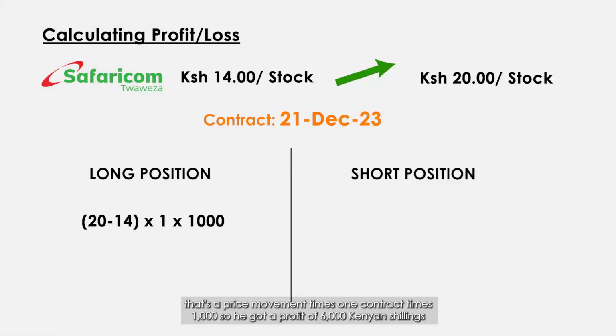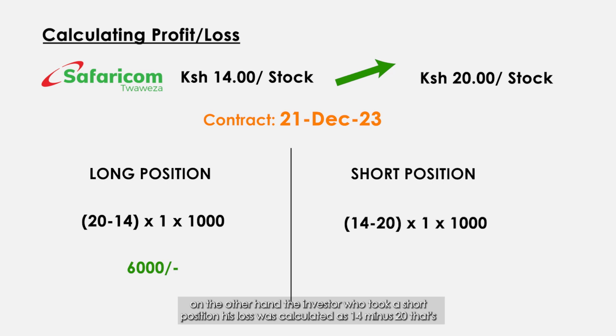So he got a profit of 6,000 Kenyan shillings. On the other hand, the investor who took a short position, his loss was calculated as 14 minus 20, that's the price movement, times one contract times 1,000, which is a 6,000 Kenyan shillings loss.